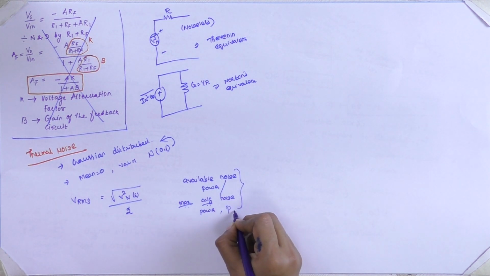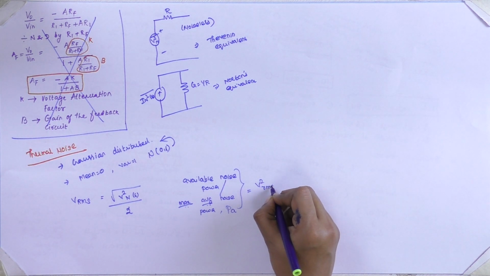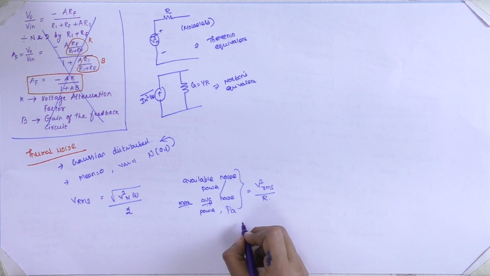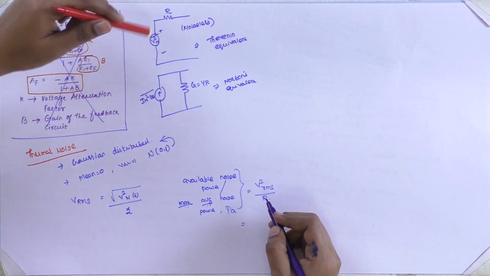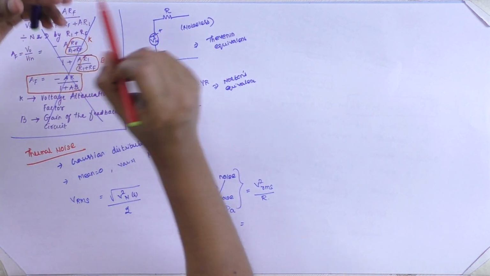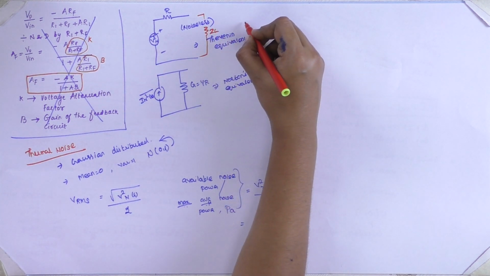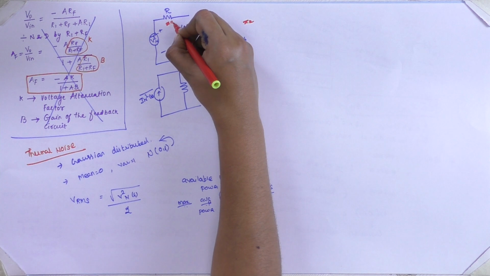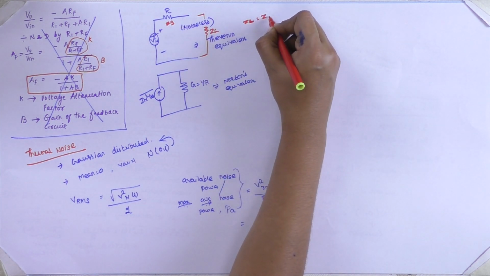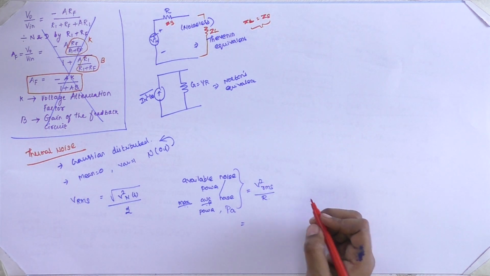We refer to it as PA, which is equal to V square RMS divided by R. From the Thevenin equivalent, if we assume a load ZL across the source, then when ZL is equal to ZS, the power transfer will be maximum, according to the power transfer theorem.